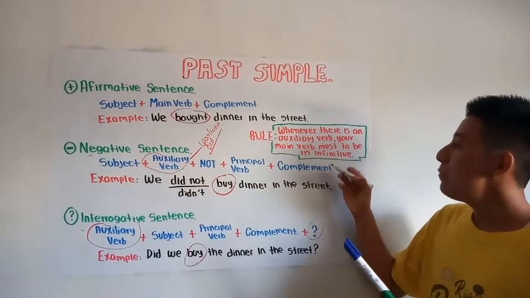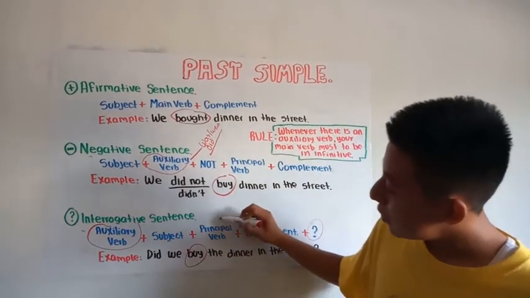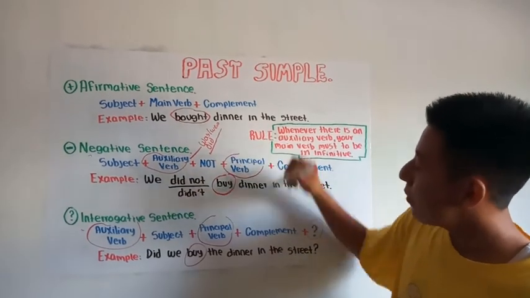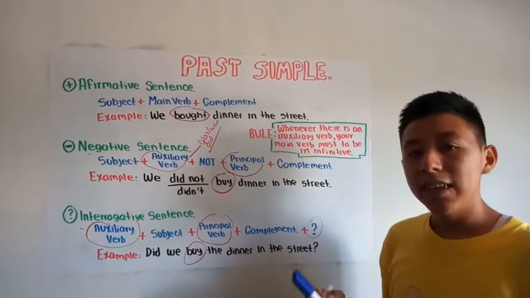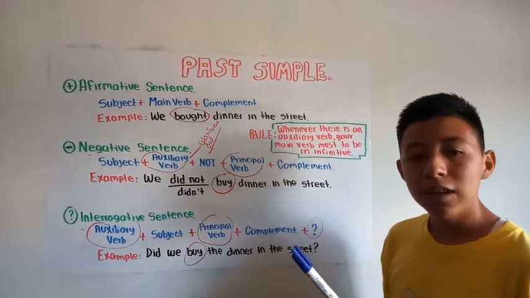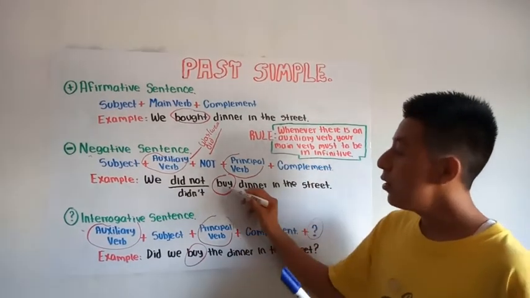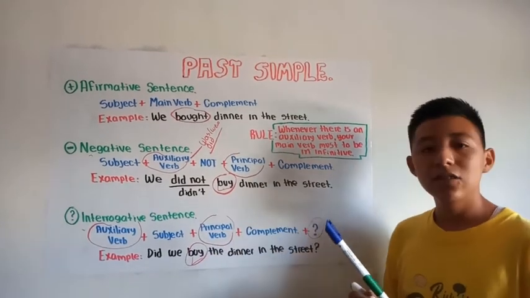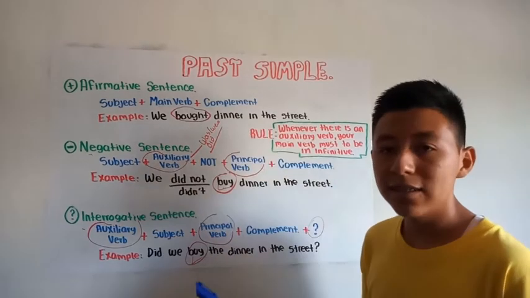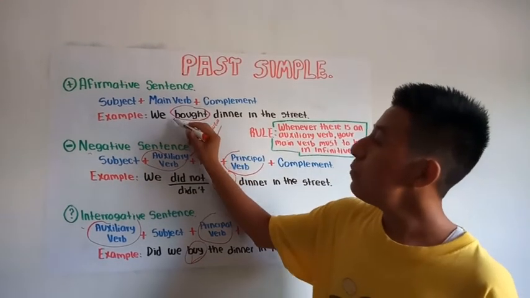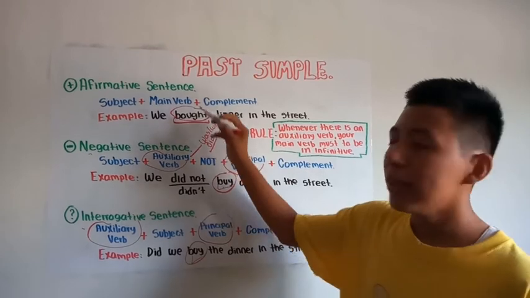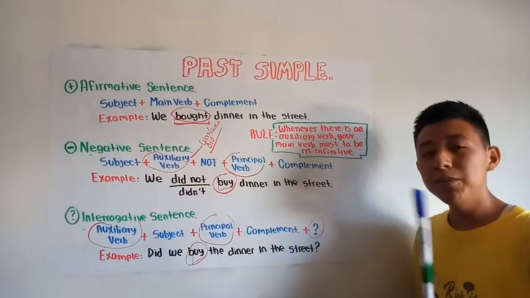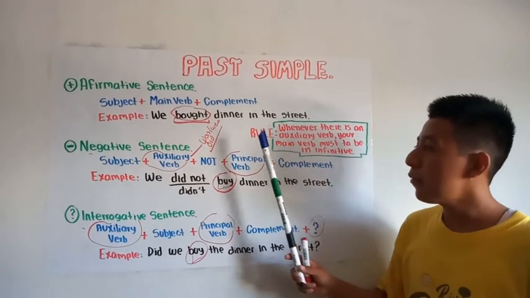It doesn't have to be in past simple. It's in infinitive. For that reason I put both forms in these two sentences. In the affirmative sentence, I put the past form because there isn't an auxiliary verb. You have to be intelligent to apply this rule.